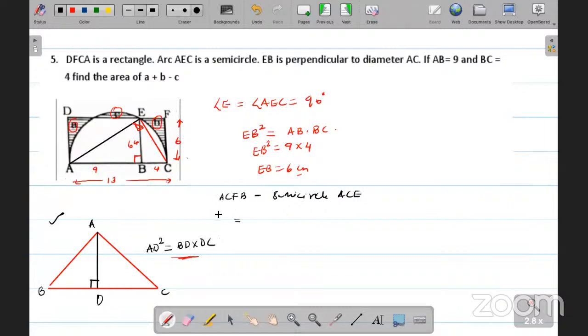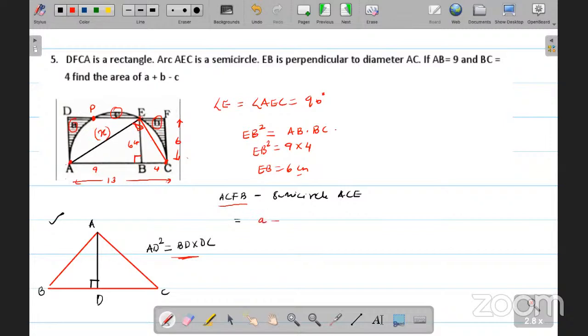Area of ACFB. Suppose I call this region, let me mark this region out, this region A, C, E, let us call this as P. So PECA, this region, let us call this region as X, the total area of this region as X. Now you will observe that the rectangle ACFB also has area X. What is rectangle ACFB?